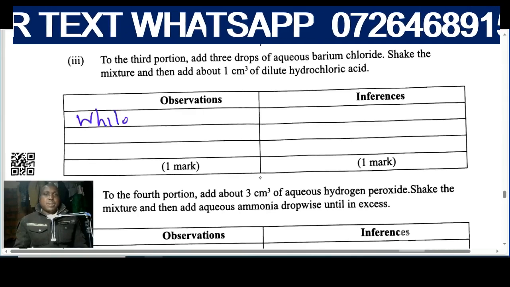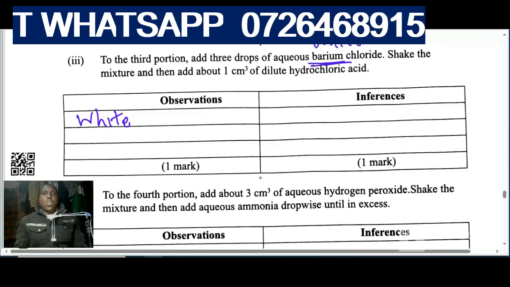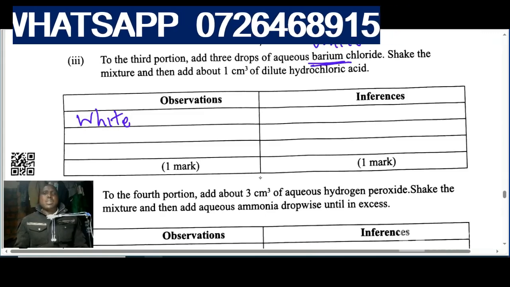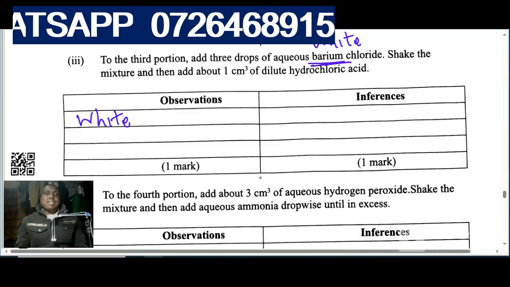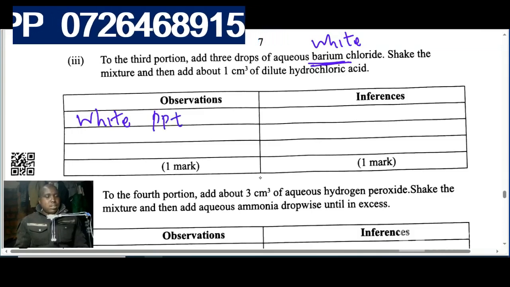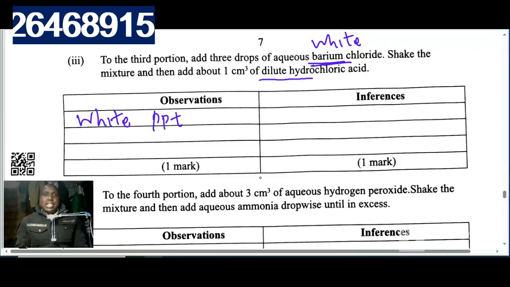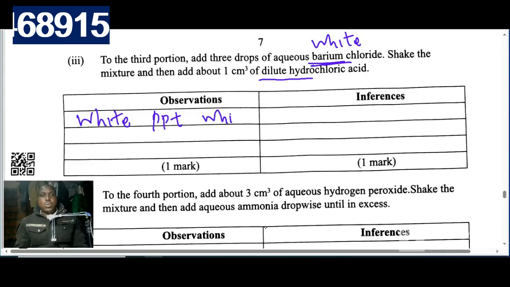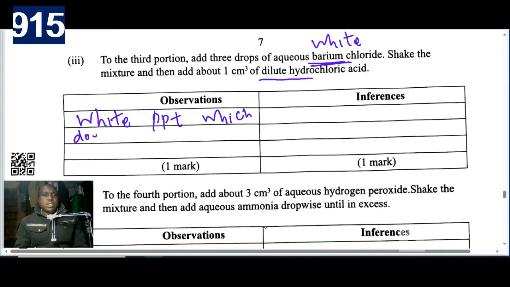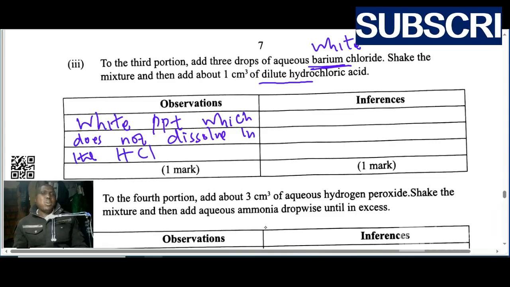Remember, whenever we are using barium, we expect a white PPT or no white PPT, because barium forms a white precipitate with the sulfate, the sulfite, and the carbonate. So a white precipitate which does not dissolve in the acid, in the HCl.